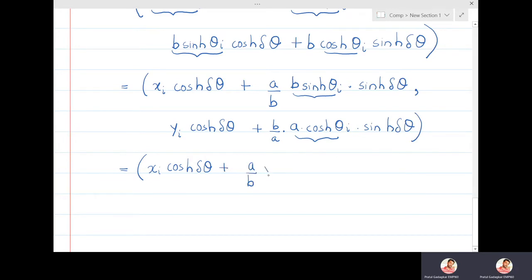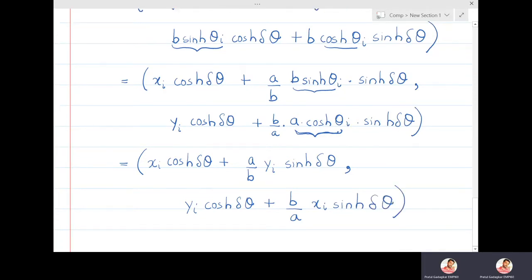So we will get xi cosh Δθ plus a upon b yi sinh Δθ, comma, what will this become? Next, the second coordinate will become yi cosh Δθ plus b upon a xi sinh Δθ.